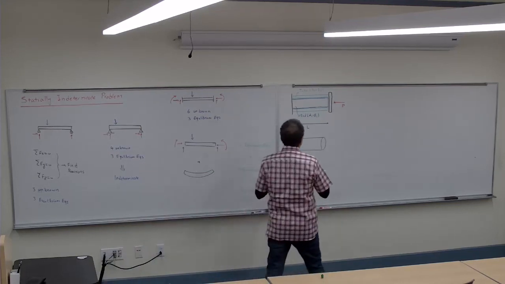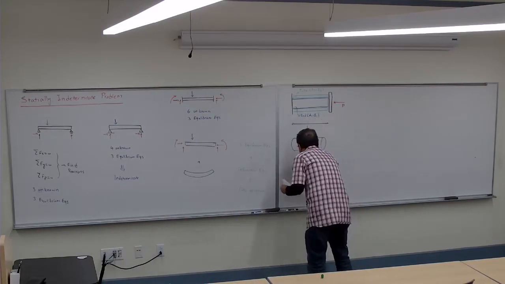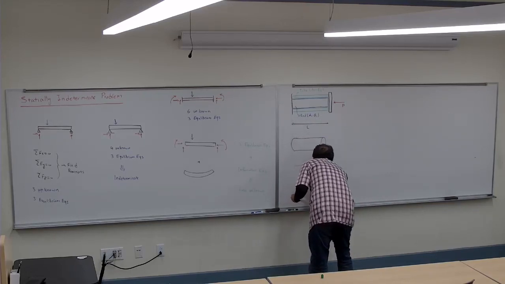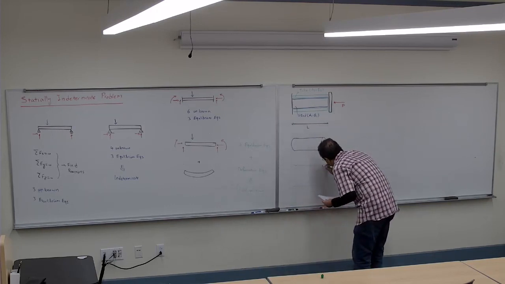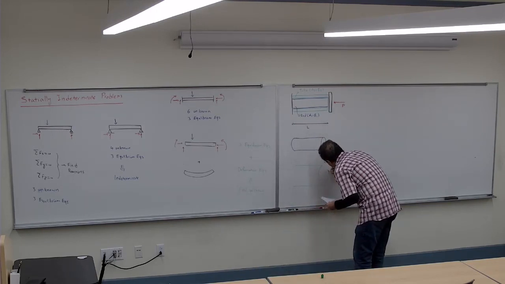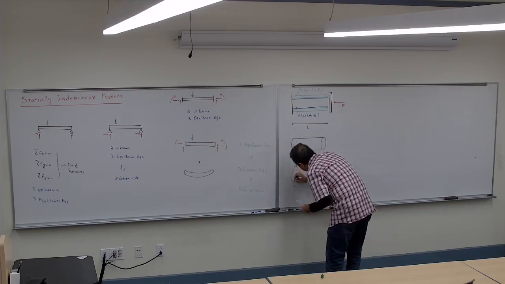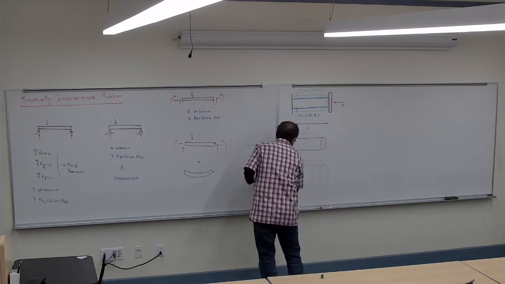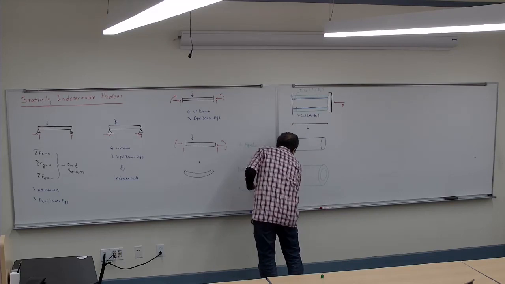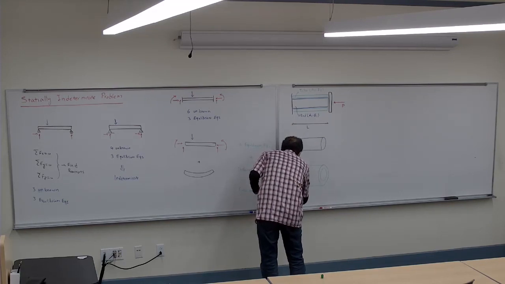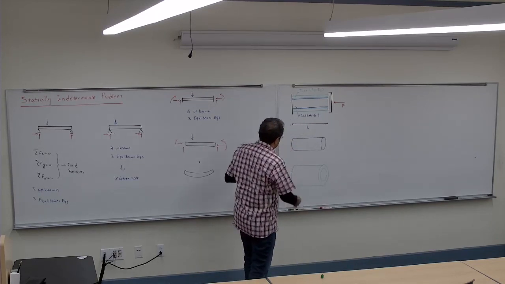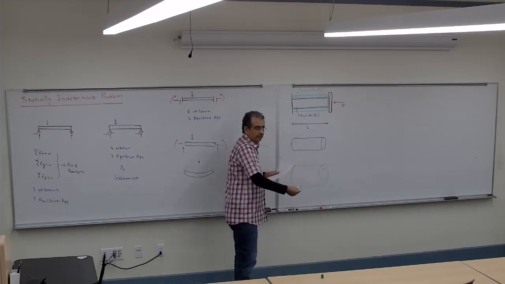If I can draw it, I have it. The rod is going to be. So this blue one is inside that green one.